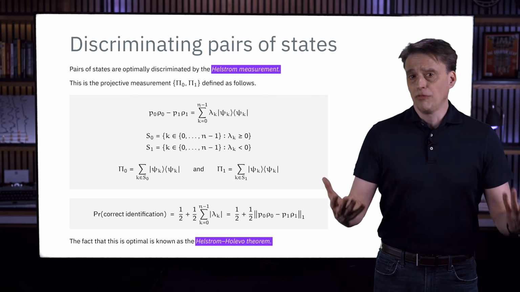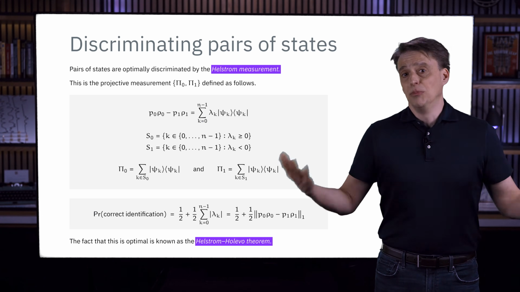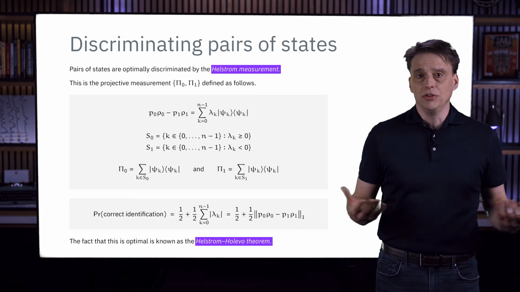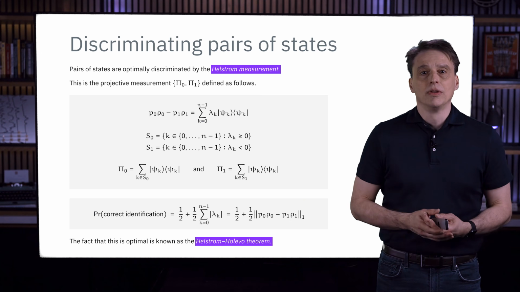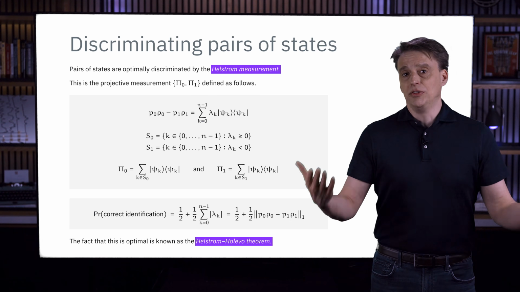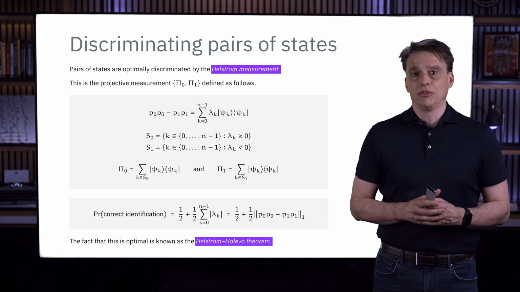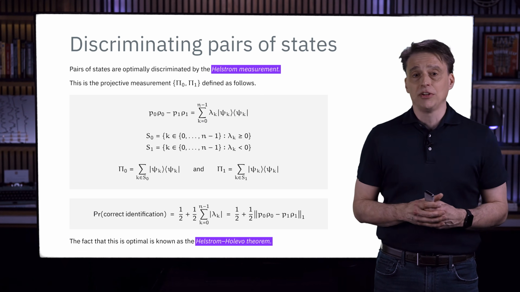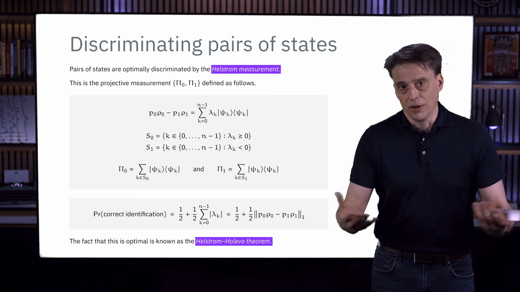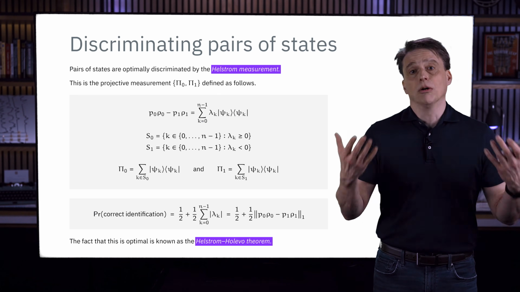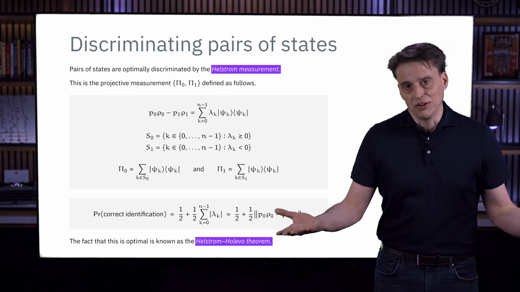The trace norm is often used as a way of measuring the observable difference between density matrices for precisely this reason. And when people refer to the trace distance between states, they're typically referring to 1/2 times the trace norm of the difference between the two density matrices, which here corresponds to the case where p0 and p1 are both 1/2, which is a natural case to consider.